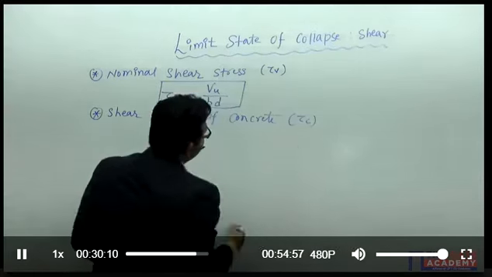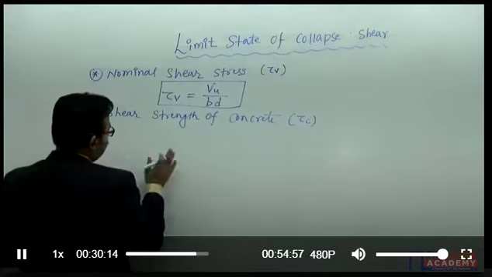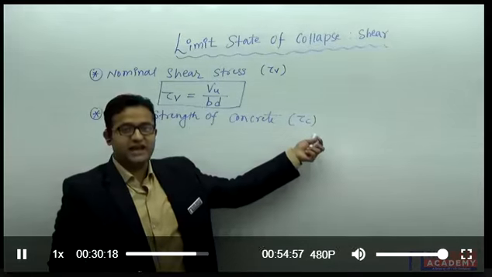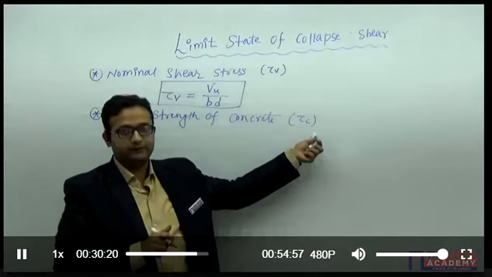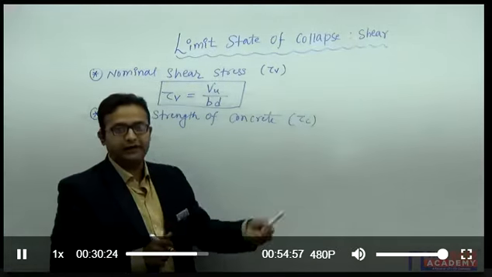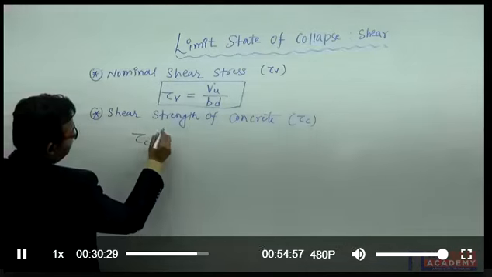Denoted by tau c, this tau c is the shear strength of concrete. It depends on the grade of concrete.